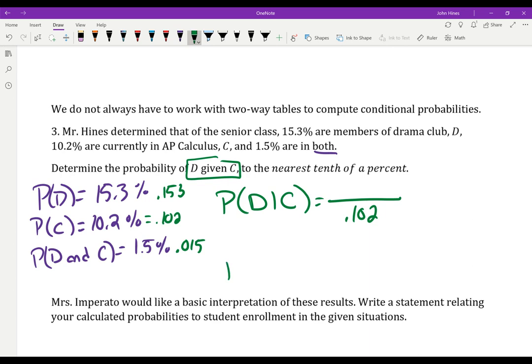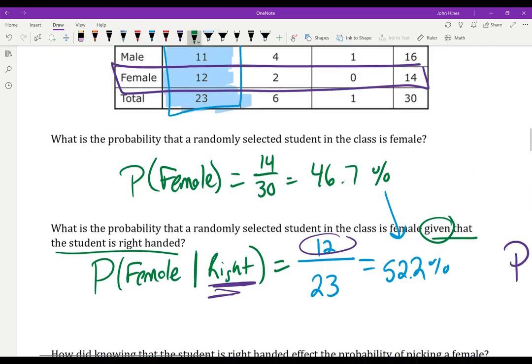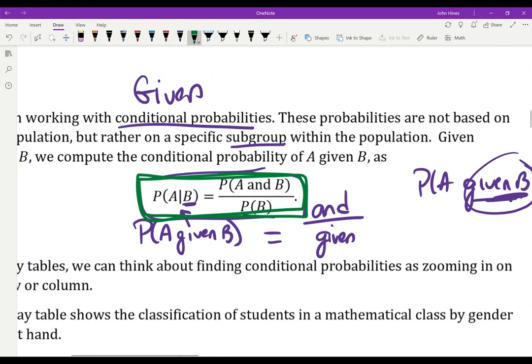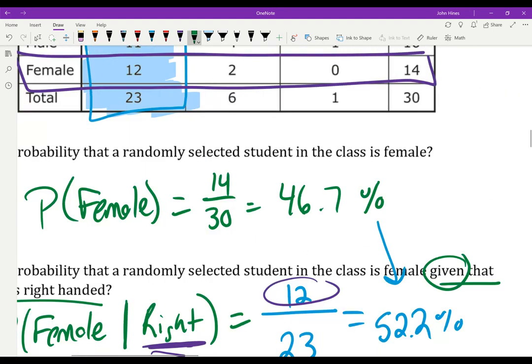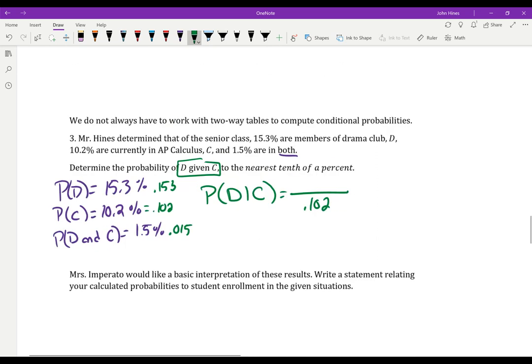So the formula, the conditional probability formula, is the D given C. What goes up top? So if I slide back up here, what goes up top when I find a conditional probability? The and. It's not just the probability of A up top. It's the and probability that I'm going to be putting on the top of this fraction.